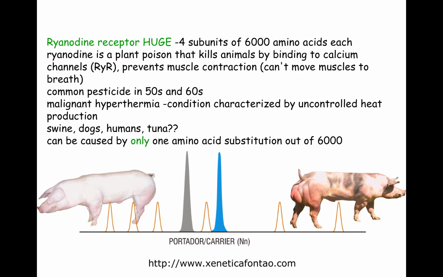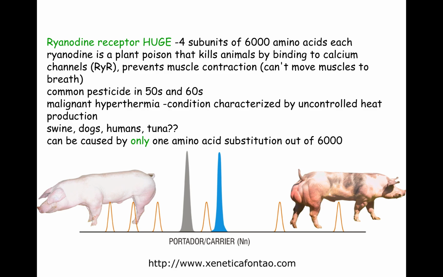So all anesthesiologists learn about malignant hyperthermia, and they know to monitor a patient's body temperature as they're going under anesthesia. And if their body temperature increases dramatically, they have to quickly administer an antidote called dantrolene to bring them out of anesthesia and to stop this uncontrolled heat production.